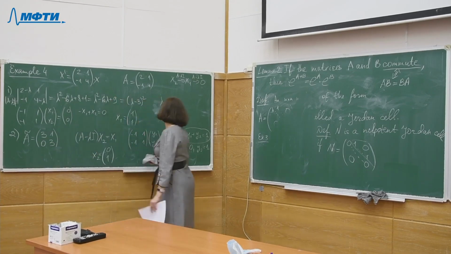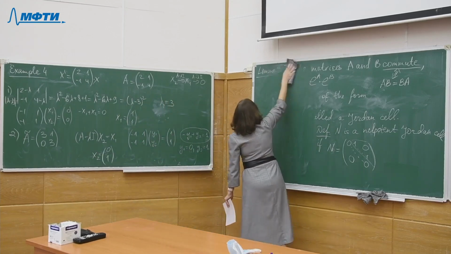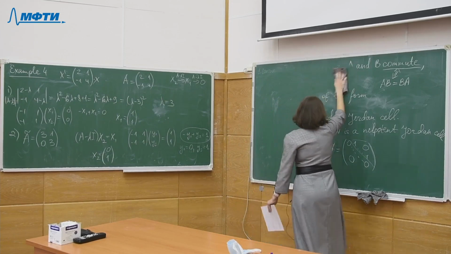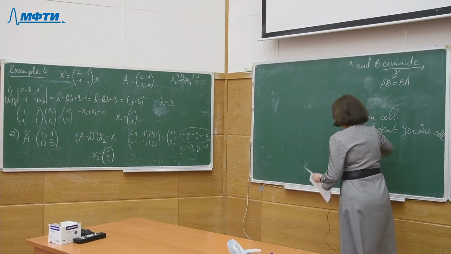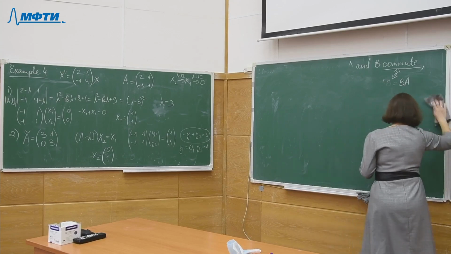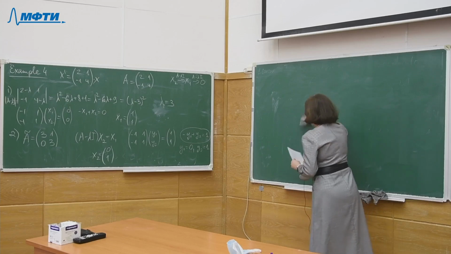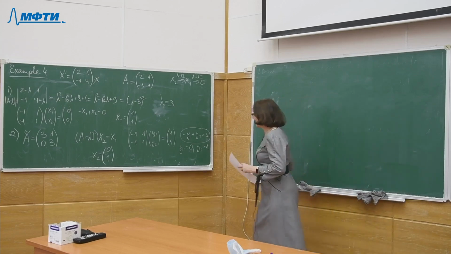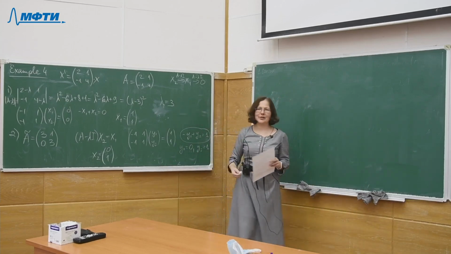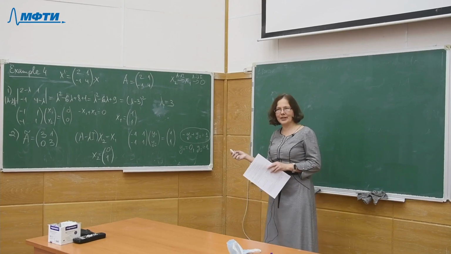I think it's difficult, yes, because we have not discussed this before. Okay, so now I will write the solution, and after this we will discuss similar problems during the seminar.